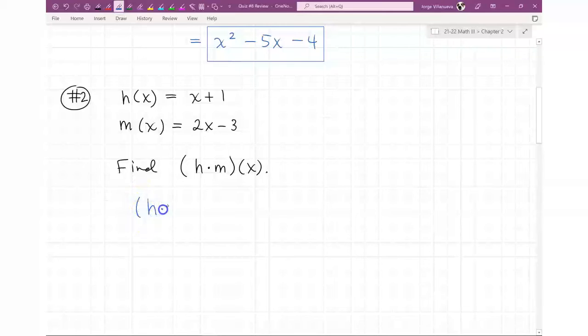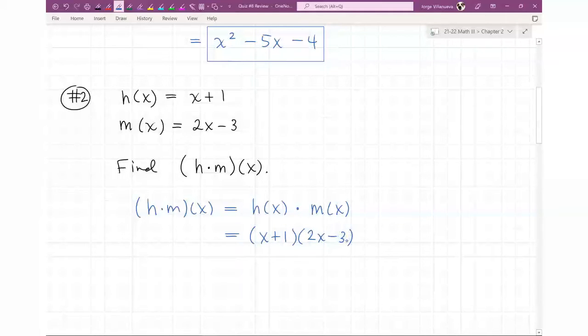So h times m of x is equal to h of x times m of x. So h of x is x plus 1. So again, I'm going to put this in parentheses. And m of x is 2x minus 3.